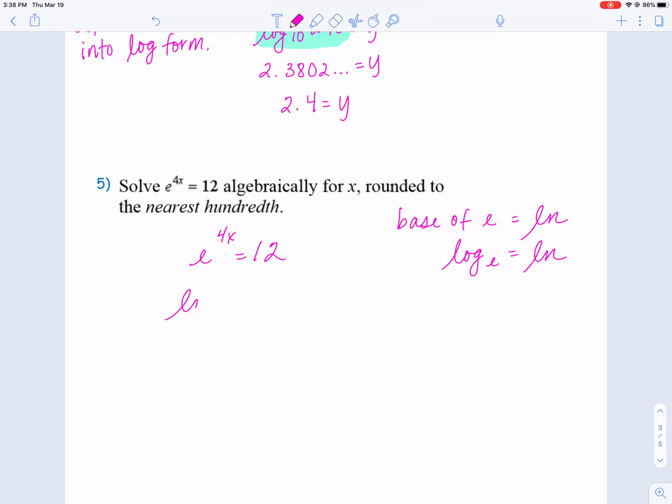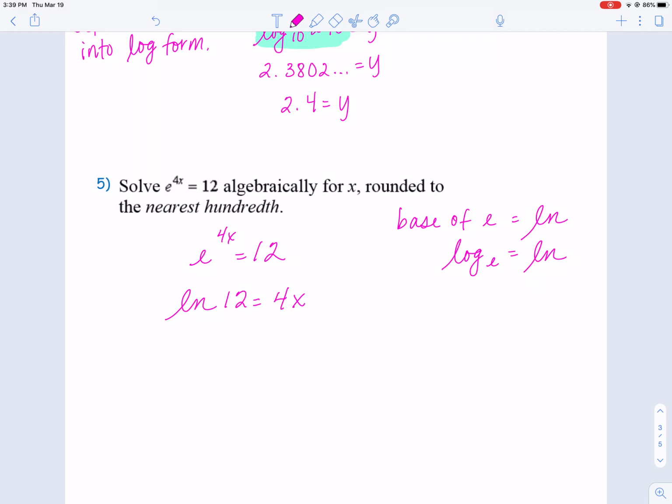Instead of log, you're going to use natural log, which is ln of 12 equals your exponent 4x. Okay? You don't need to write that little e as your base. It's like that little unknown thing, like a coefficient of 1.